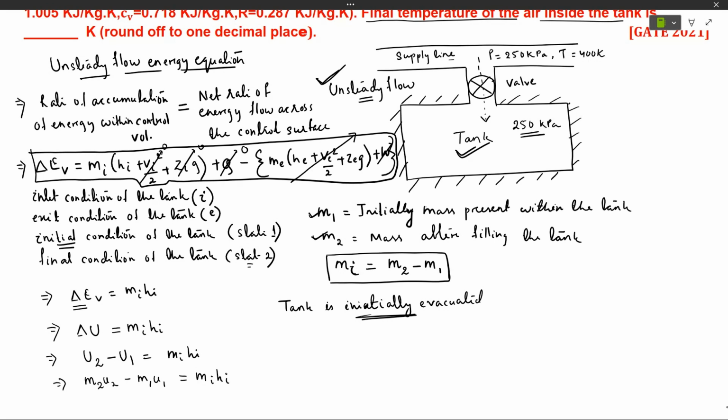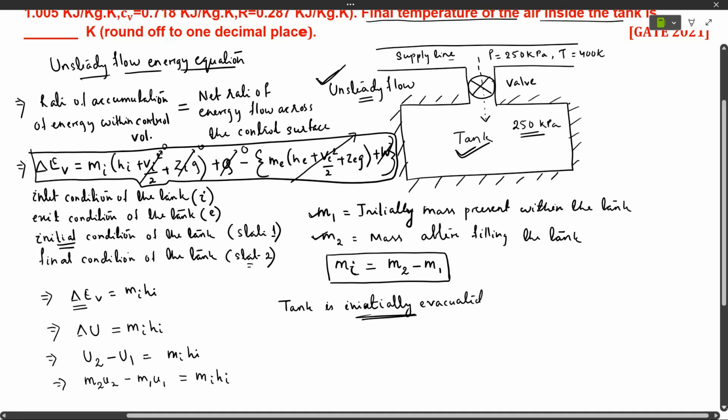So we consider the initial energy, the internal energy, U1 must be equal to 0, and M1, there is no mass within the tank initially, so we consider M1 equal to 0. So we consider this expression as m2 u2 minus m1 u1 is equal to, in place of m_i, we substitute (m2 minus m1) into h_i.